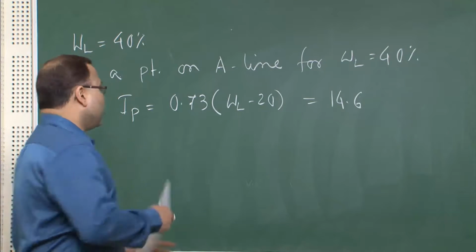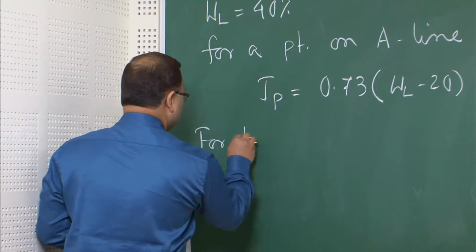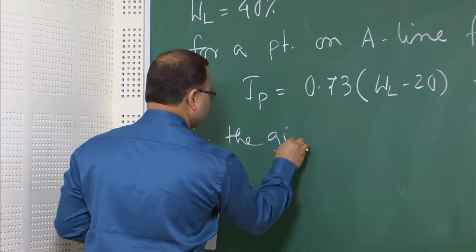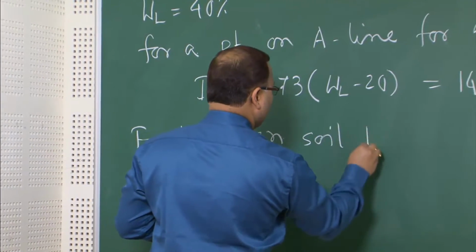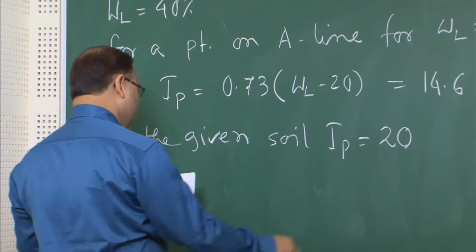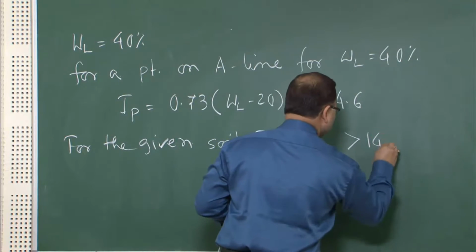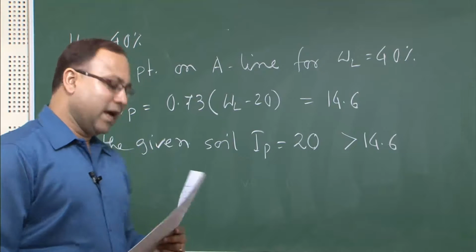Am I right? So, for the given soil, your IP is 20, which is greater than 14.6. So, the point will never lie on the A line.